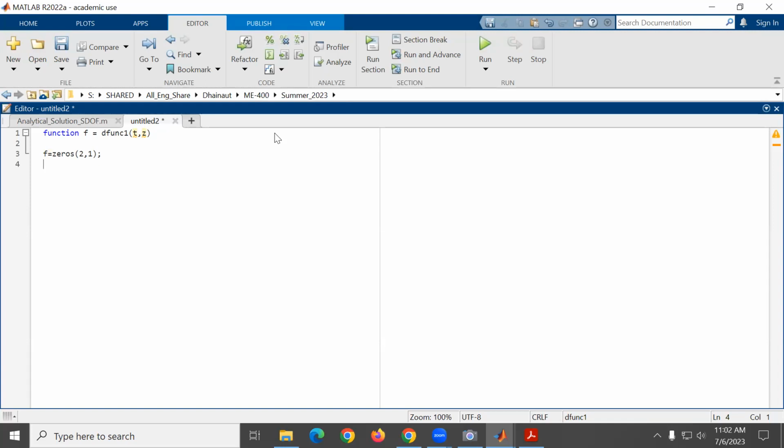Okay, so I'm going to call F1 Z1. This is basically our x, this would be x dot, and F2 will be the x double dot that we said was equal to what?